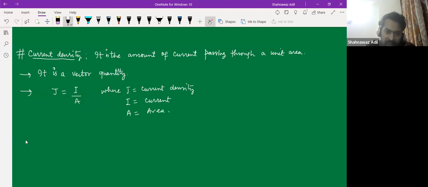And its SI unit is ampere per meter square. This is the SI unit of current density.